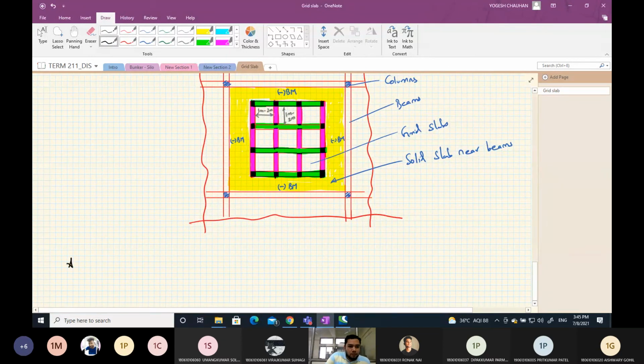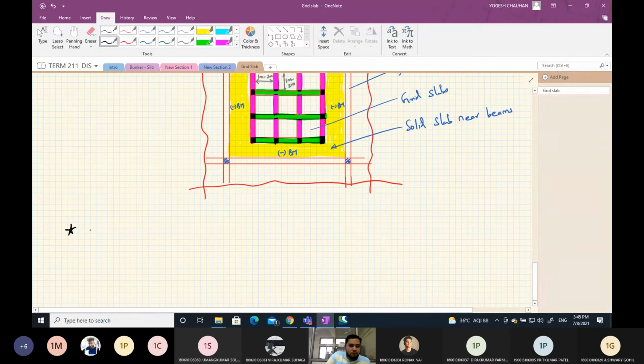Now next we discuss the size of such beams. What should be the size of beams and topping?